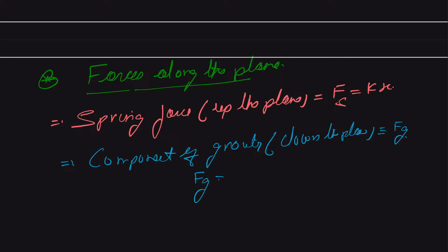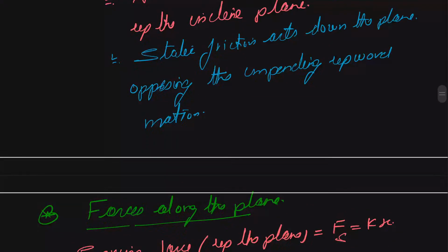So Fg will be equal to mg sine of theta, and we can just draw the figure also. It's not a big complicated one.